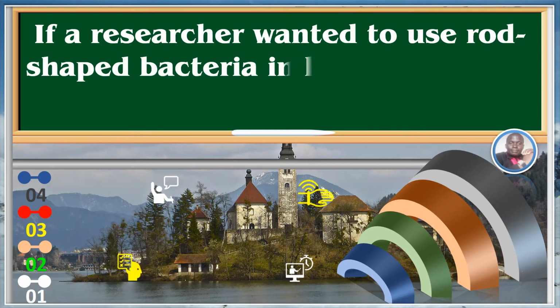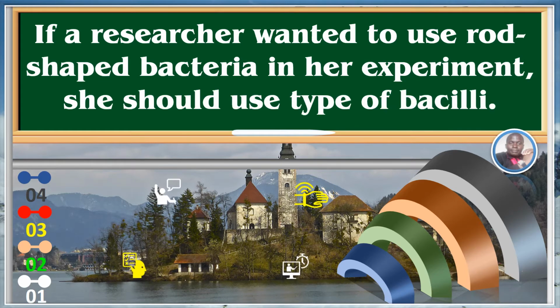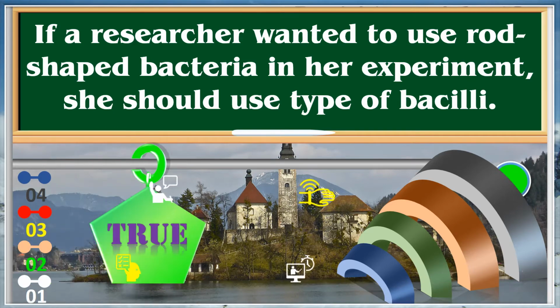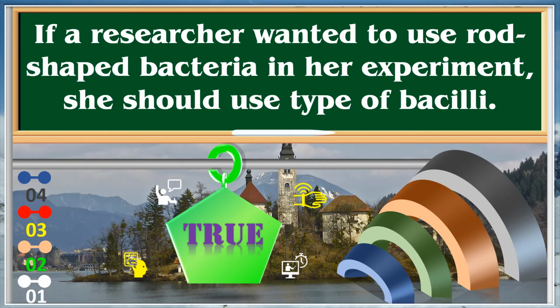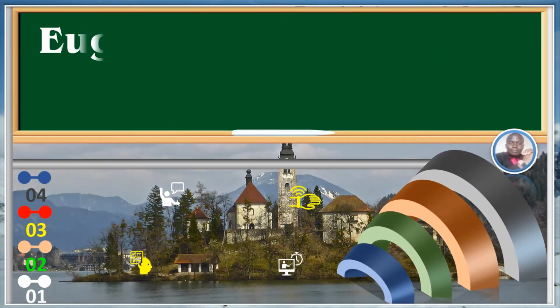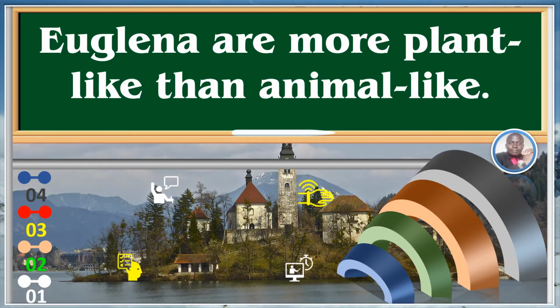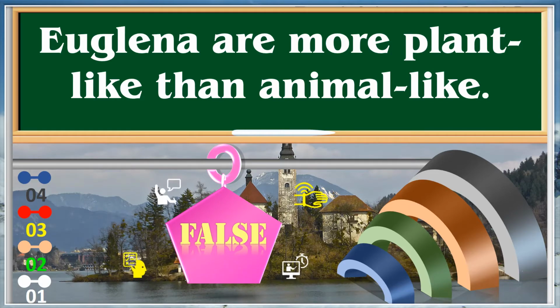If a researcher wanted to use rod-shaped bacteria in her experiment, she should use the type of bacilli. True. Euglena are more plant-like than animal-like. False.